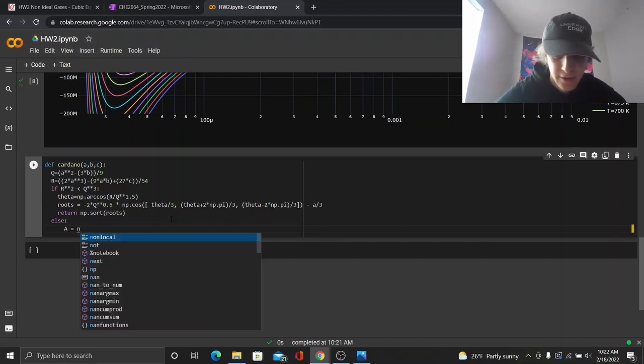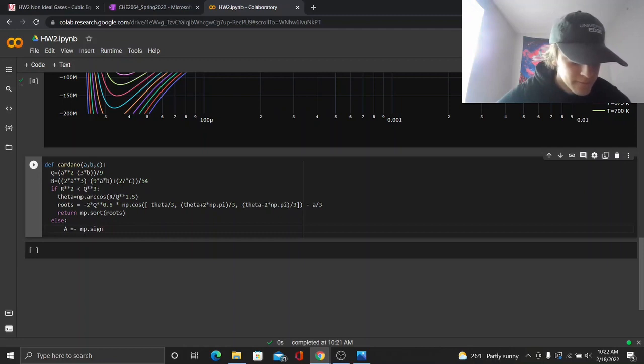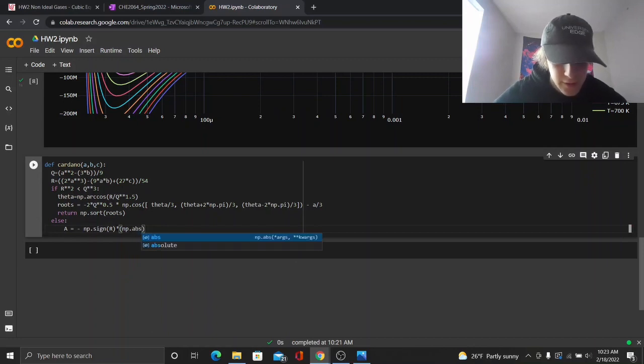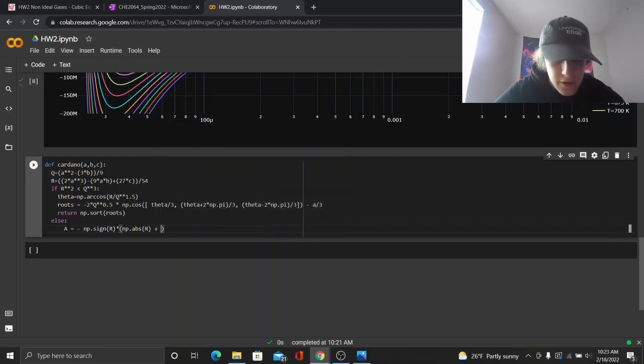So to do that, we just use a numpy formula, numpy sign, and this is also negative of the sign of R times the absolute value of R plus R squared minus Q cubed all to the 1/2.